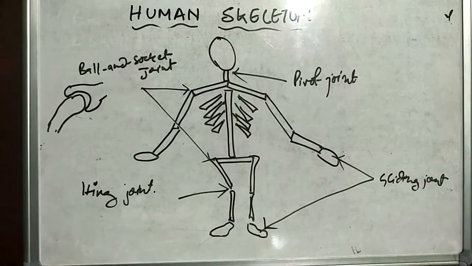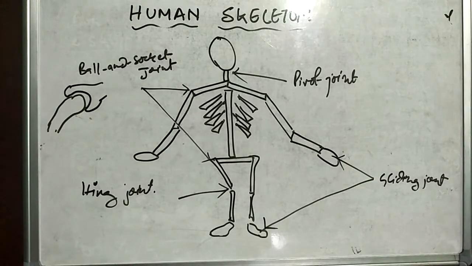Now the next is the pivot joint. The pivot joint helps to move our head upward, downward, and sideways. Okay, 180 degrees we can move our head from left to right, down and up.